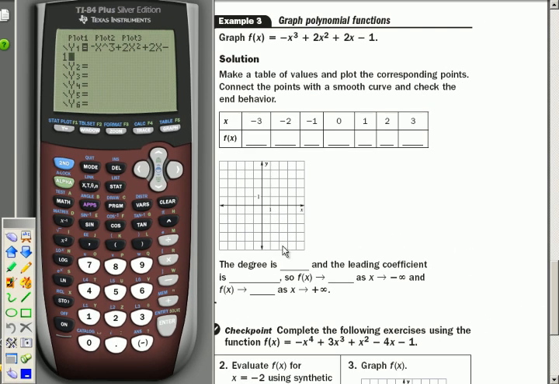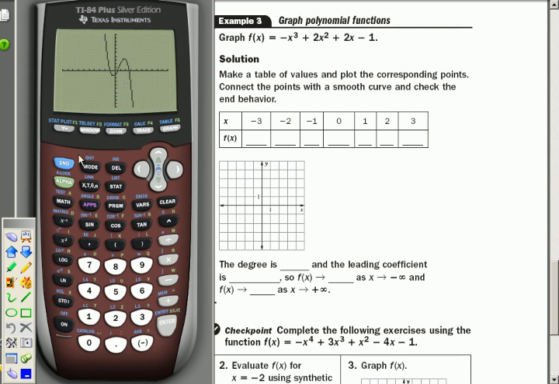Remember, you can always rewind if I went a little too fast for you. And if I just hit the graph button and see what it looks like, let me show you my window real quick, just a basic window. If I graph this thing, it looks just like this. Well, that might not help me on a test to have that picture.